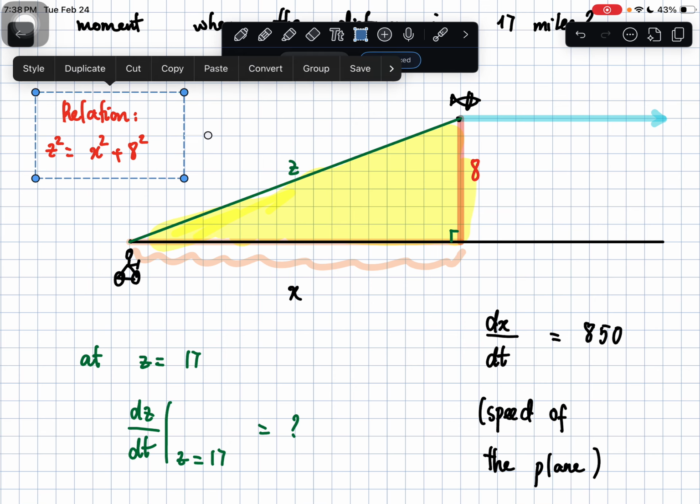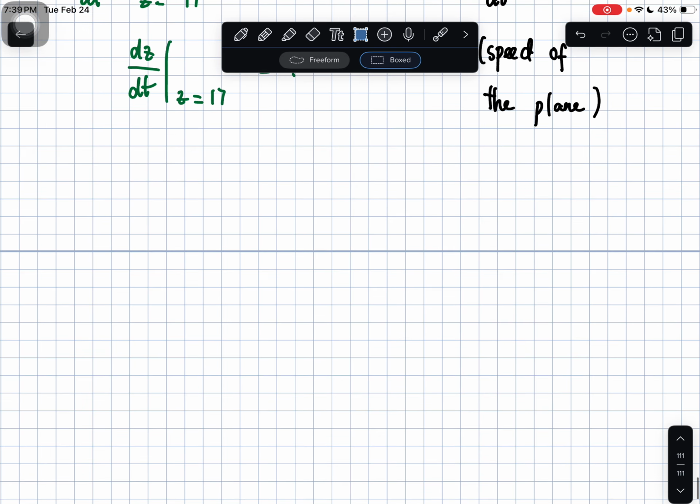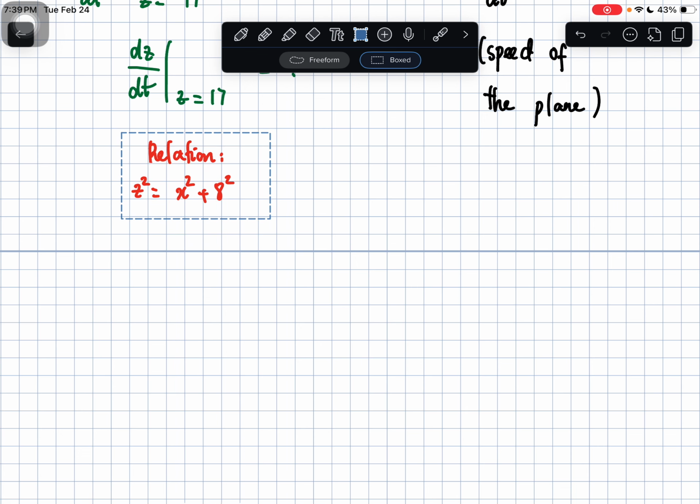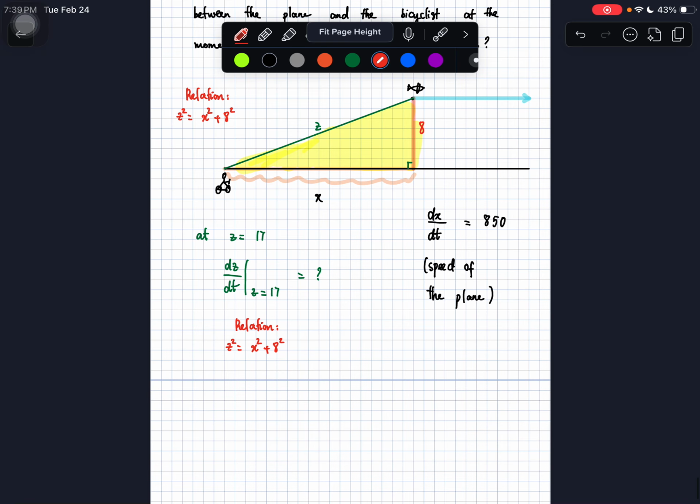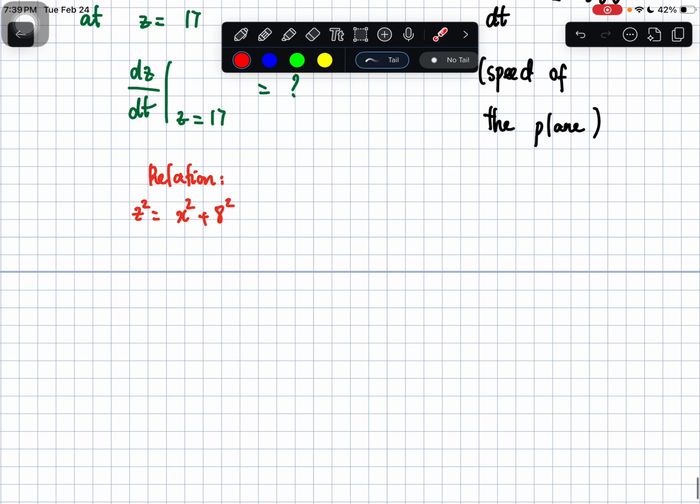So all we need to do is take the derivative of both sides of this equation. z and x depend on t, right? They are functions of t. As time changes, distance x changes and z changes. So remember, we need to use the chain rule there.